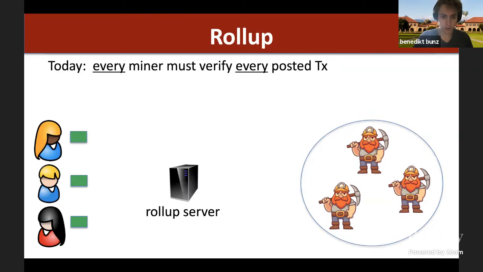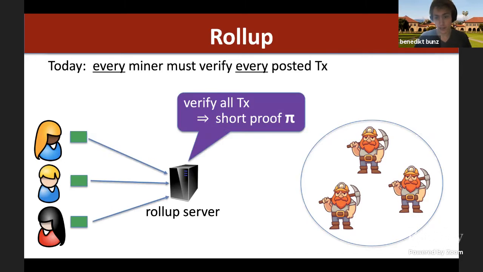The idea of Rollup is to introduce a so-called Rollup server, which collects all of the transactions, verifies all of them, and creates a short proof, a short snark, that all the transactions are valid.